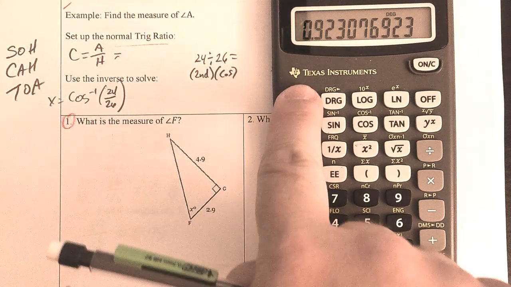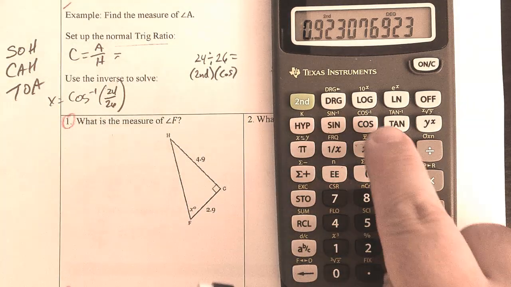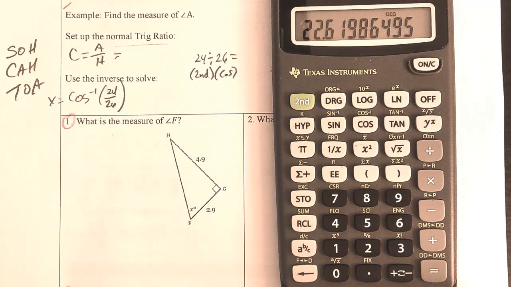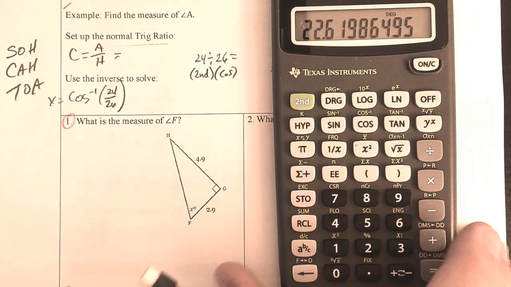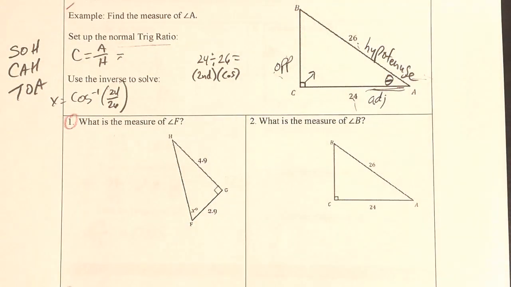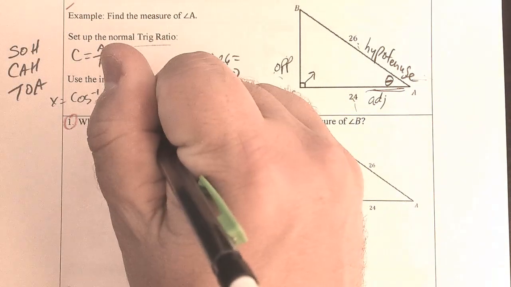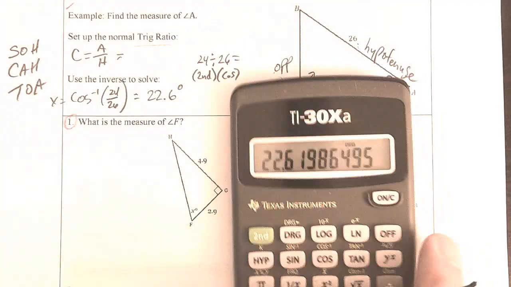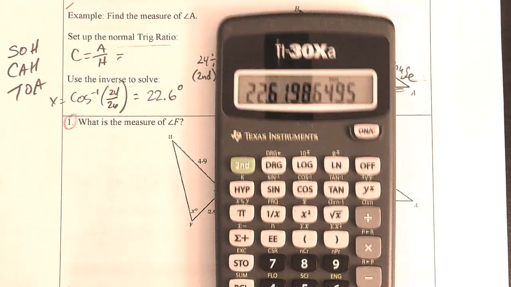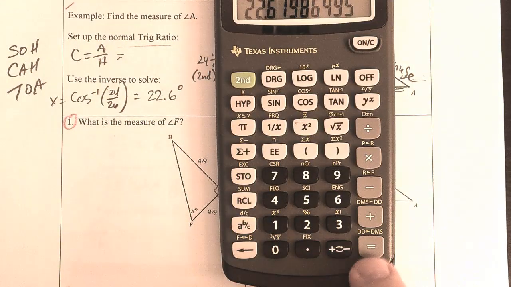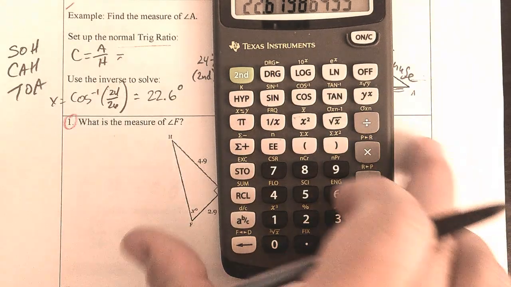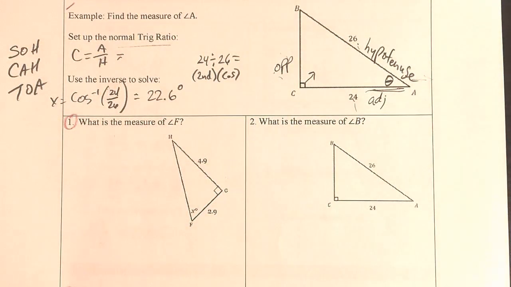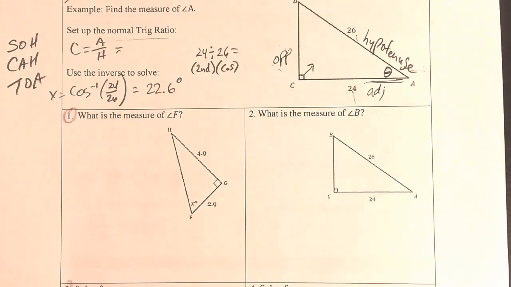All right, so the second cosine. All right, so 22.6 degrees. And by the way, just to show you, you can't hit equals. You hit equals, nothing happens. I just checked it just to make sure. I was doubting myself for a second.